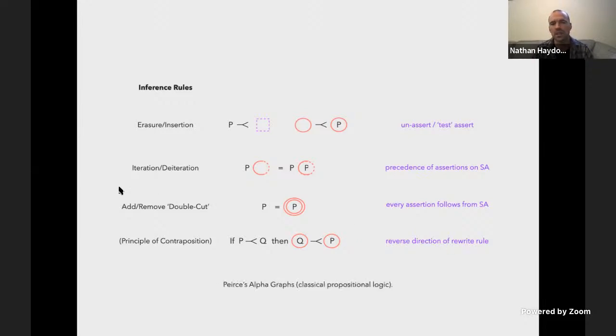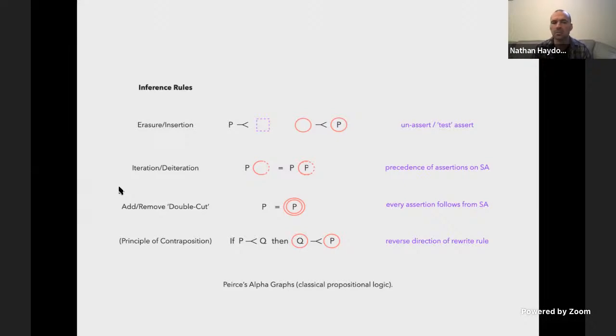And what's interesting is that that is sufficient for classical propositional logic. So this system is quite different from how propositional logic is traditionally accounted for in textbooks. But these are fairly basic rules that may be unfamiliar to us, but once you start using them, they're quite simple for what they are.